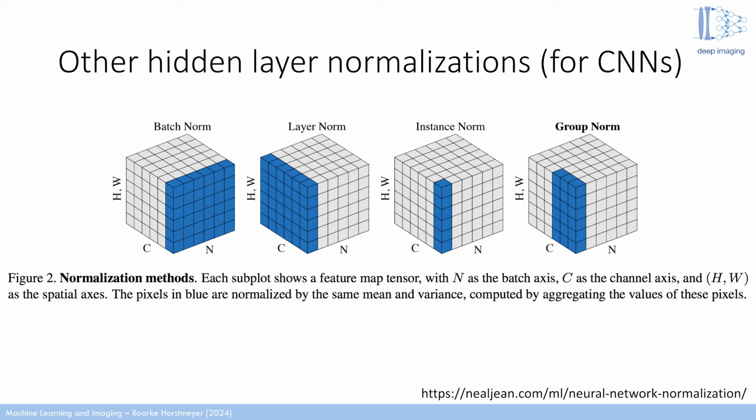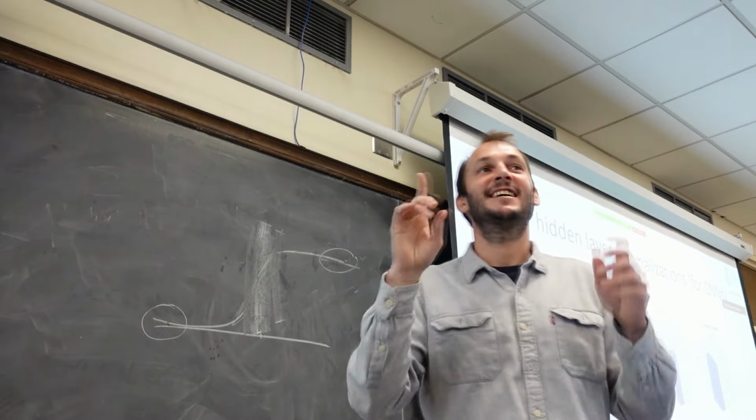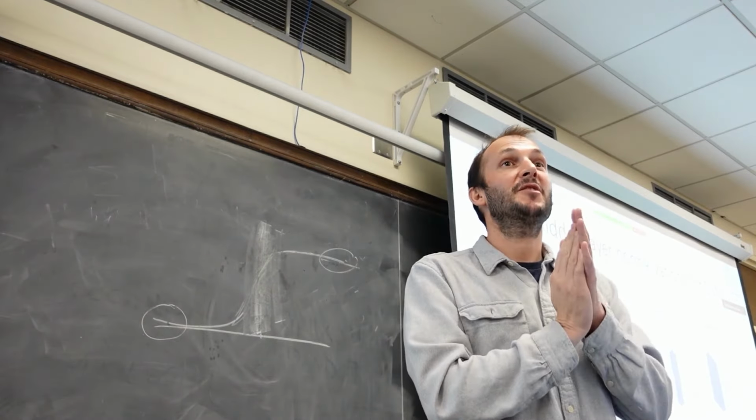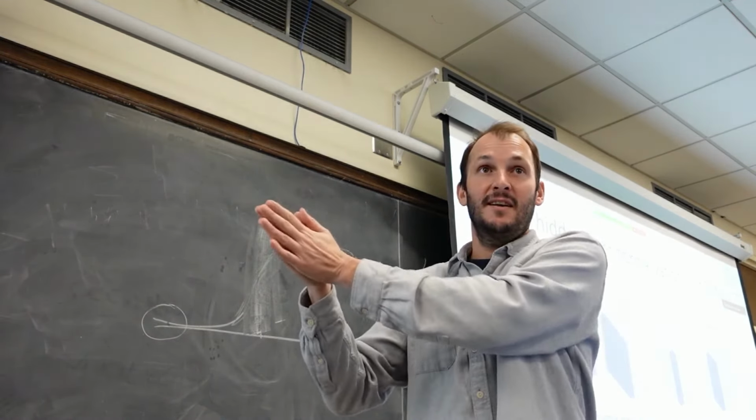Batch normalization applies it across the images, right? Across a lot of examples for each channel. So in other words, each channel at each layer is going to get its own beta and gamma parameter. Layer normalization gives a unique beta and gamma parameter for each example.